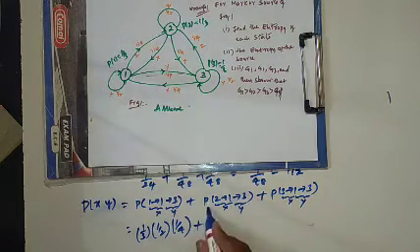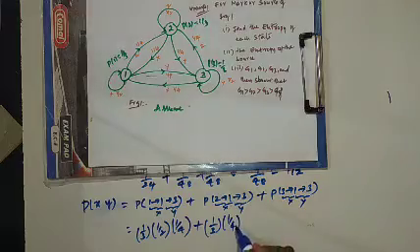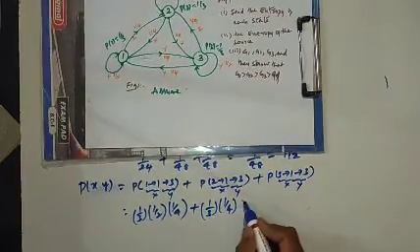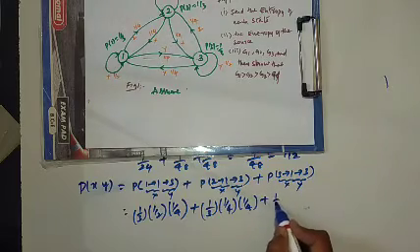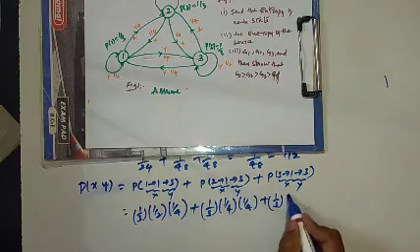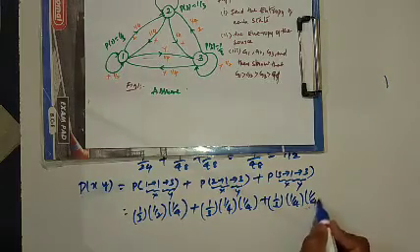Plus the probability of 2, that is 1 by 3. 2 to 1 is 1 by 4, and 1 to 3 is also 1 by 4. Plus the probability of 3 is 1 by 3, and 3 to 1 is 1 by 4, and 1 to 3 is also 1 by 4.